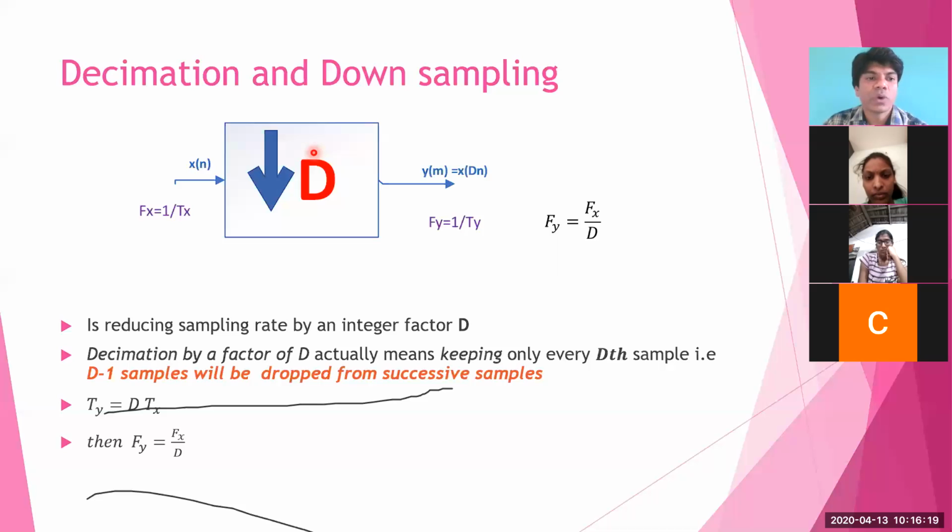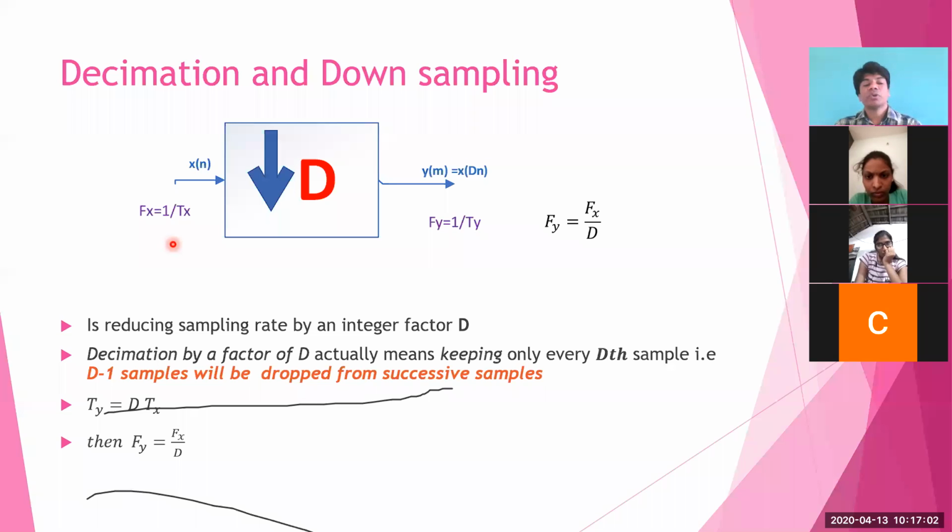In a downsampler, we take a system with Fx sampling rate and we downsample, in the sense that the sampling rate will be decreased by that particular factor. As you can see here, the new sampling rate is Fx, the original sampling rate, divided by D. So the new sampling rate is the reduced version of the original sampling rate.